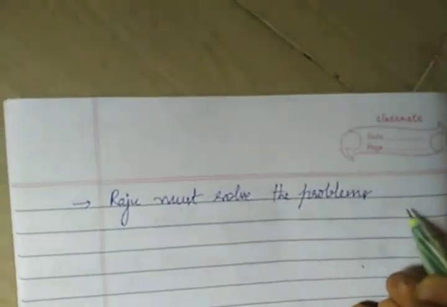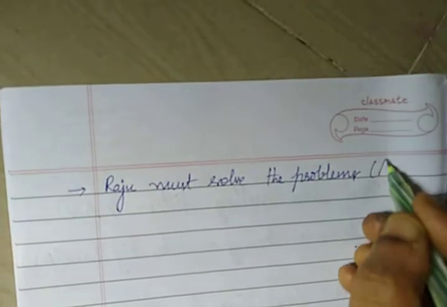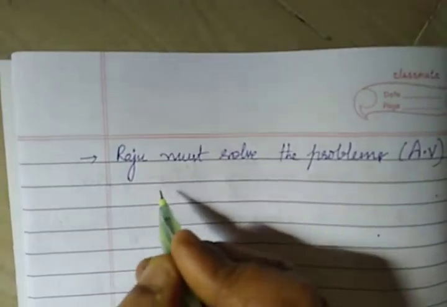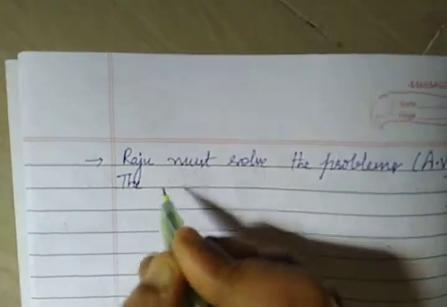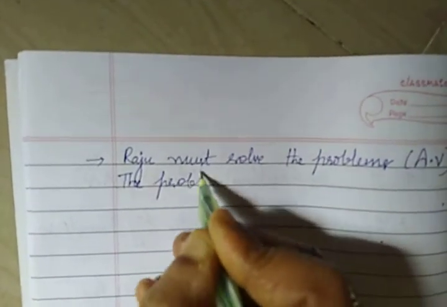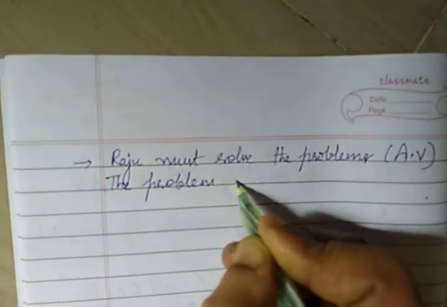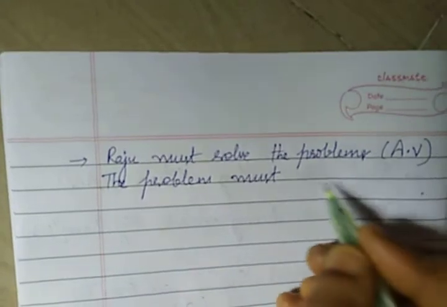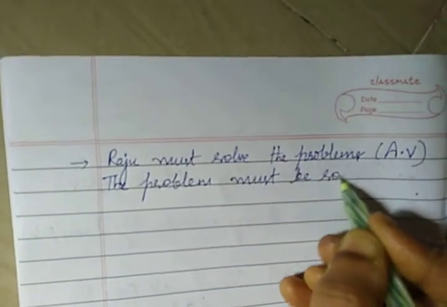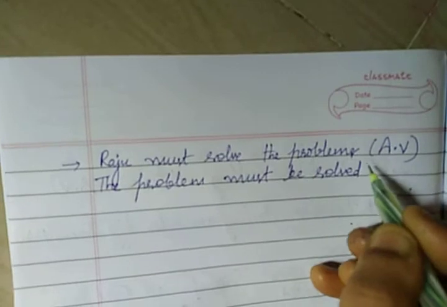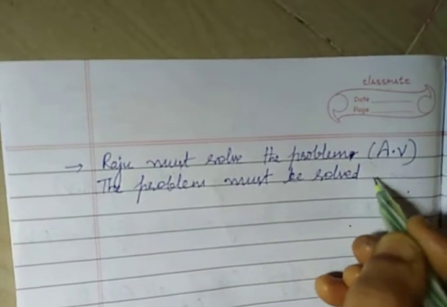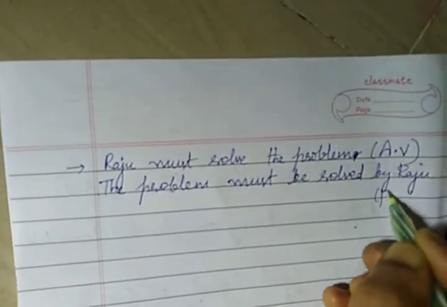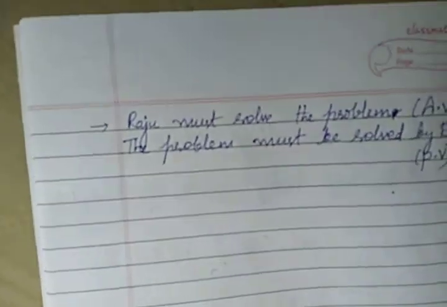Active voice. In passive voice, the problem must be solved by Raju. It is in passive voice. Okay.